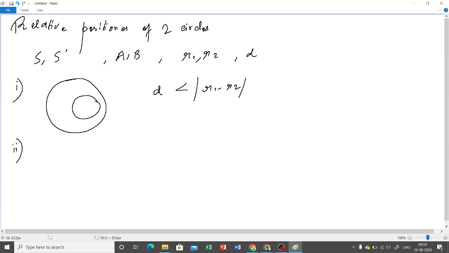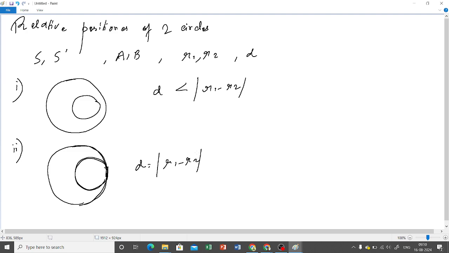Number two: the two circles touch internally. That means one circle is like this and another circle is like this. The two circles touch internally if D is equal to mod of R1 minus R2.